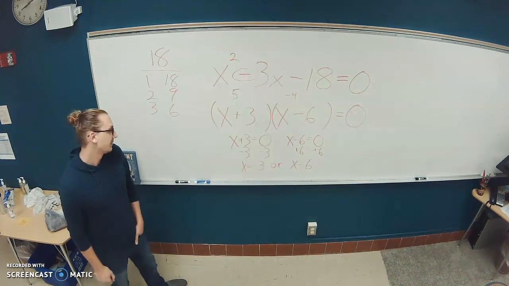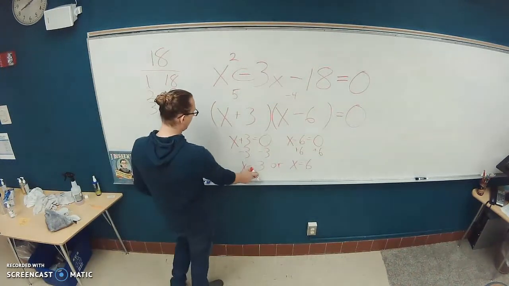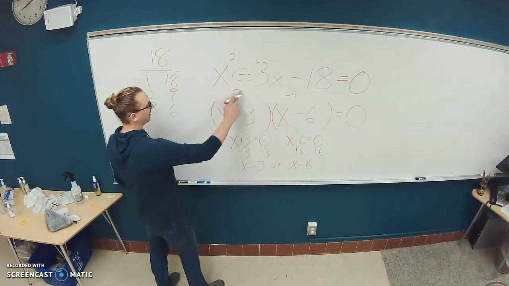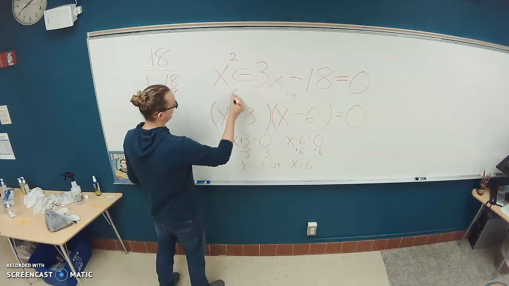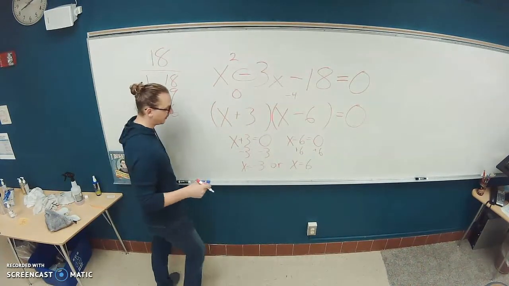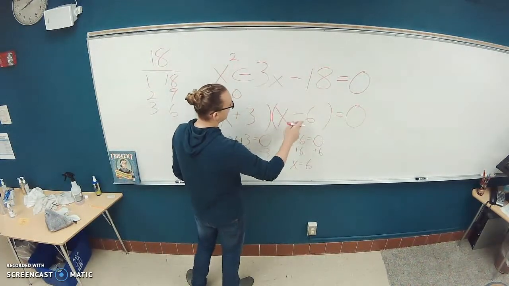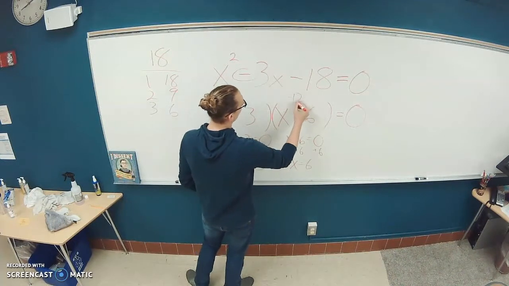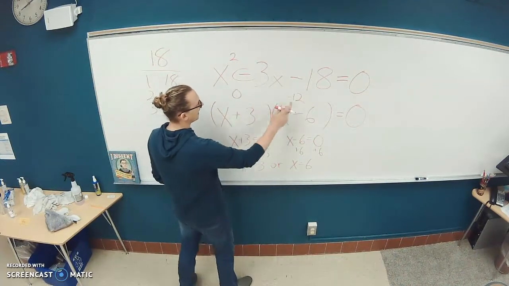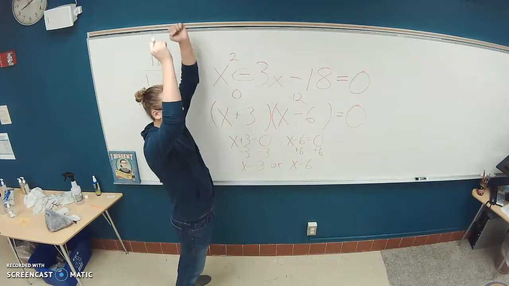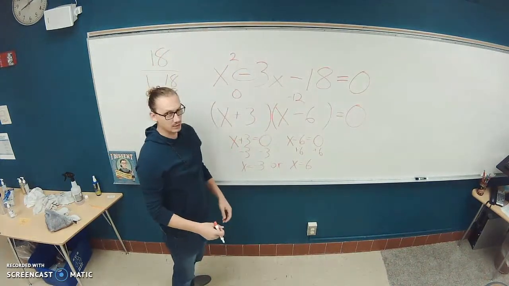Let's check our answers. If we take this negative 3 and plug it in here, negative 3 plus 3 is 0, which is what we're looking for. 6 minus 6 is a negative 12. 0 times negative 12 is 0. It worked.